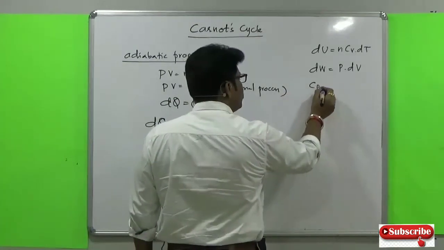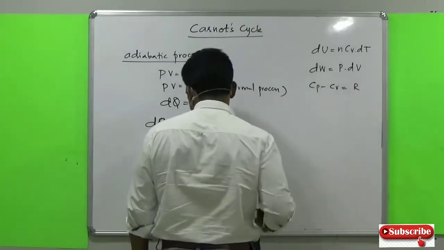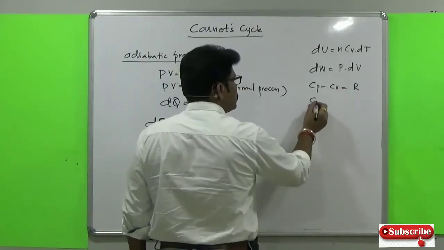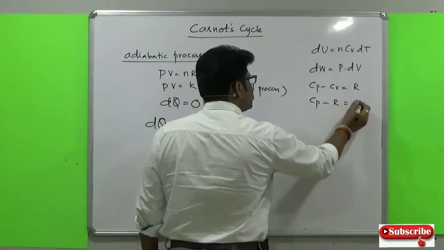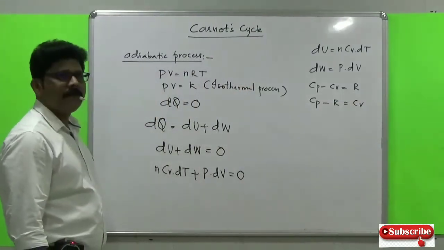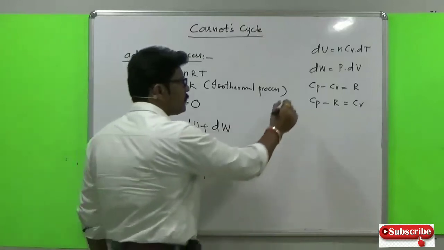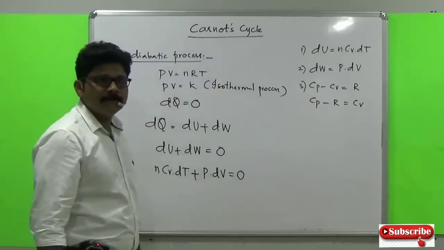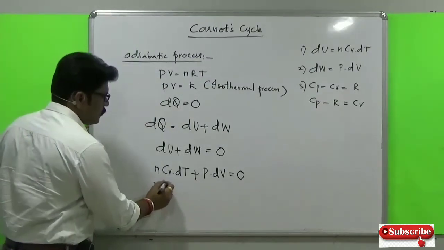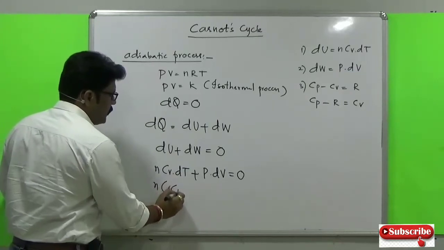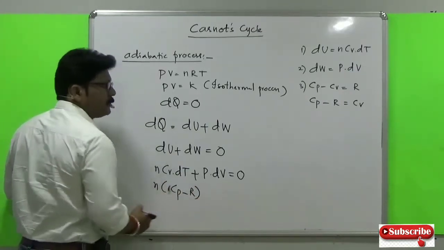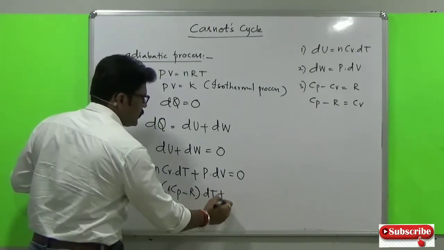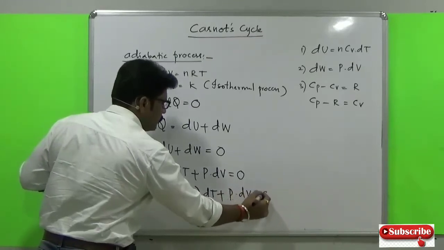Cp minus Cv equals R, मतलब Cp minus R is equal to Cv. सही बात है. Cv को Cp में substitute कर रहा हूँ: n into (Cp minus R) into dt plus p into dv equal to 0.